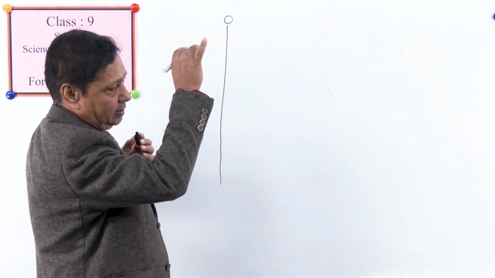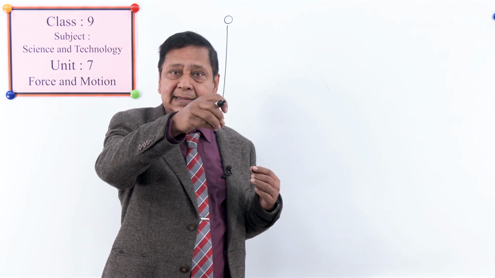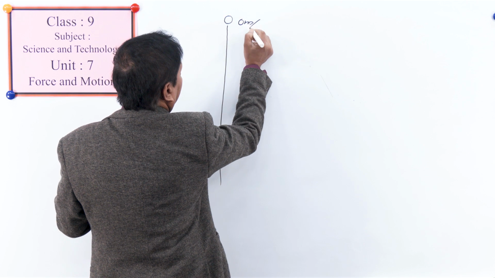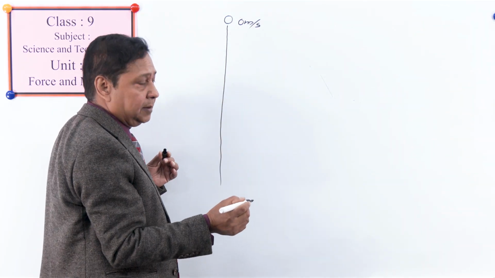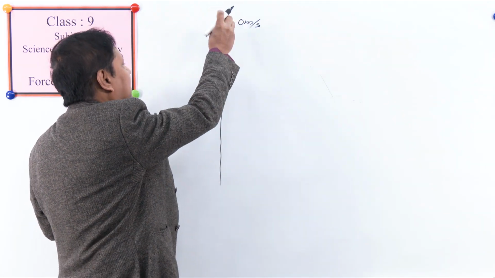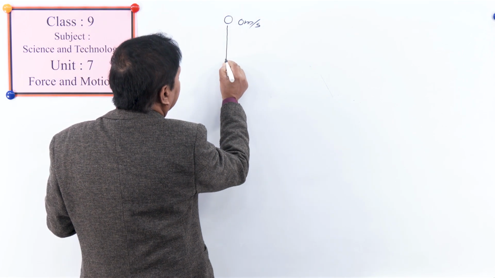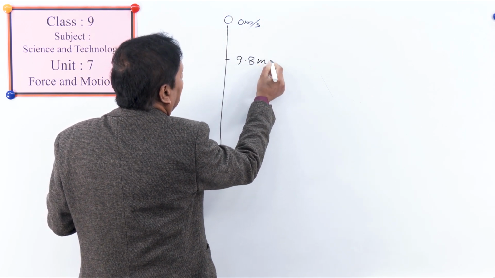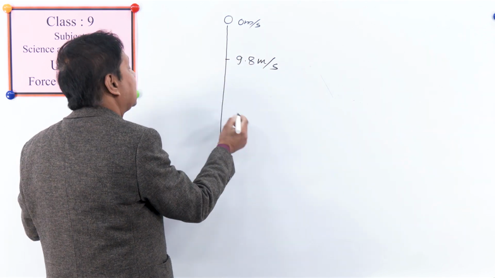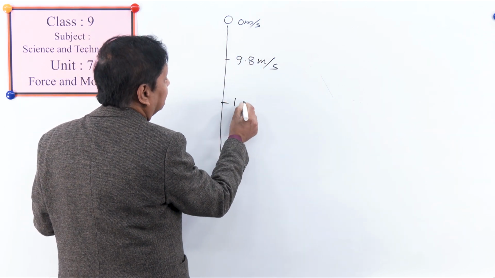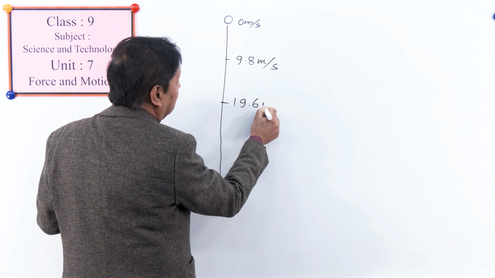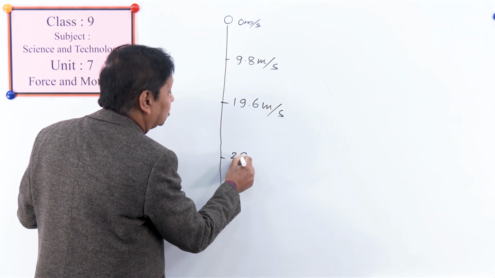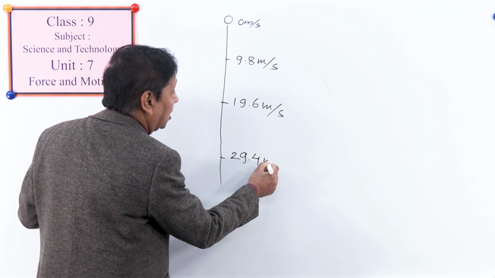At first, when it was in our hand, its velocity was just 0 meter per second. It is at rest. But what is found, when it is released, at the end of 1 second, its velocity is found to be 9.8 meter per second. And at the end of second 2, its velocity is found to be 19.6 meter per second. And at the end of the third second, its velocity is found to be 29.4 meter per second.